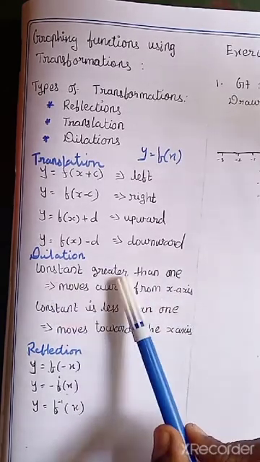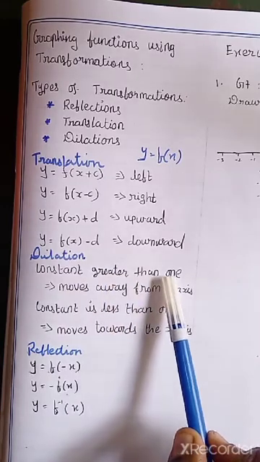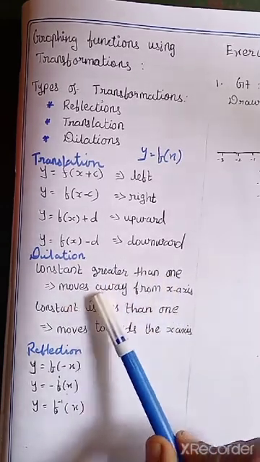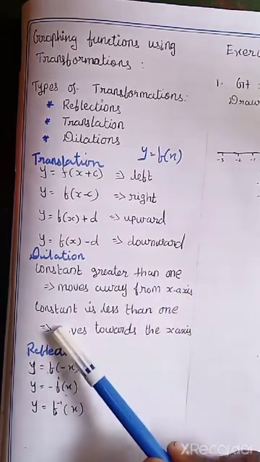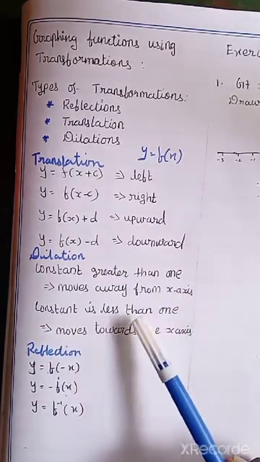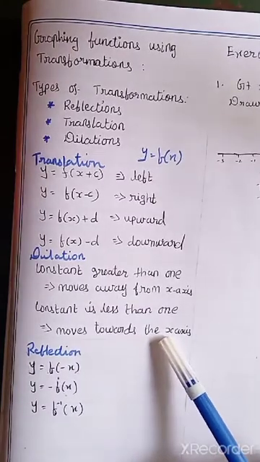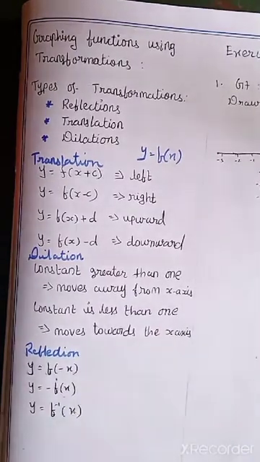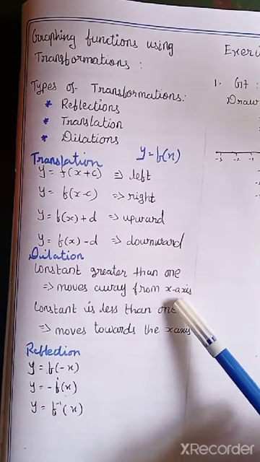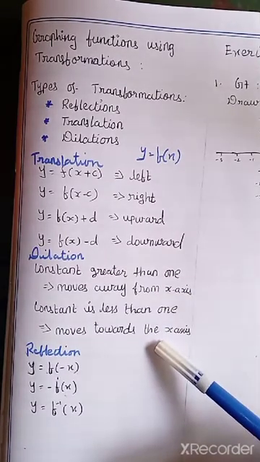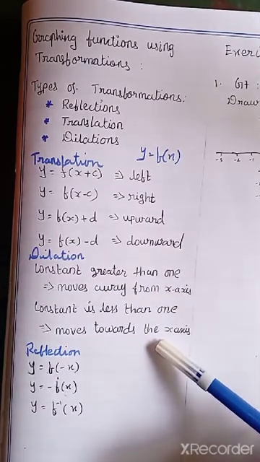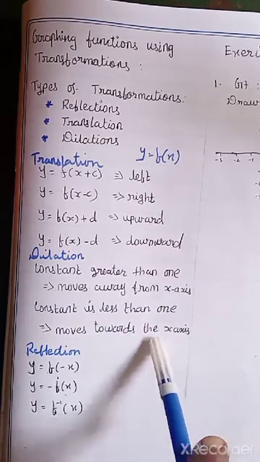If the positive constant is less than 1, the graph moves towards the x-axis.